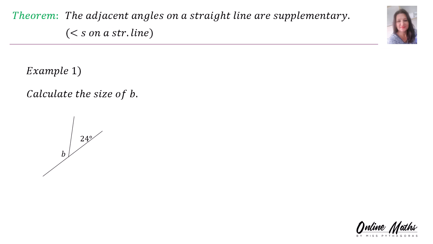Now let's look at the example. The question says, calculate the size of B. When you go to the little sketch there, you can see that there's a straight line and then there's two adjacent angles. So we can start by making a little equation, and the equation will be B plus 24 is equal to 180 degrees.